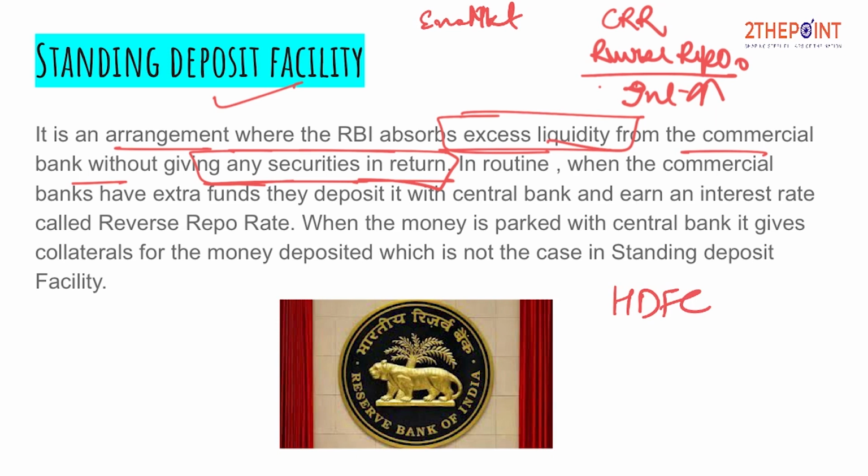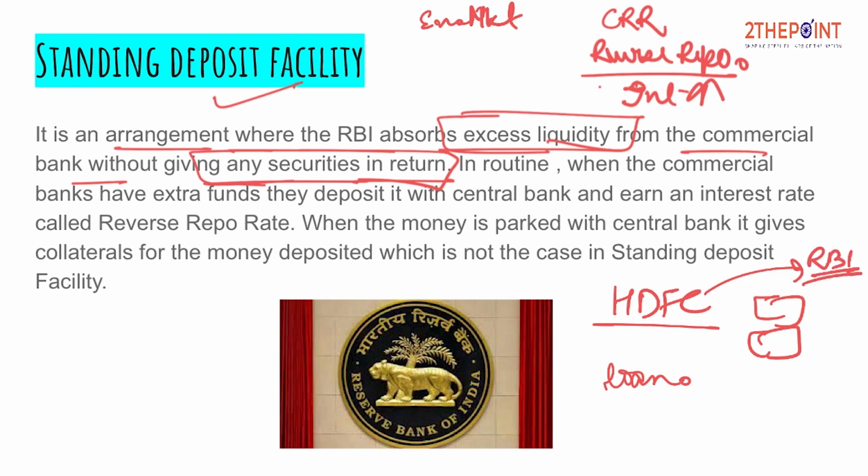Let's suppose there's HDFC Bank and it has some money with it. Now it has two options: either give it as a loan in the market, or, if the interest rate offered by RBI on deposits is attractive, HDFC will go to RBI, deposit its money and earn interest over it.